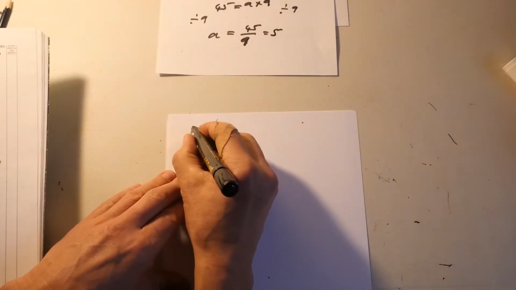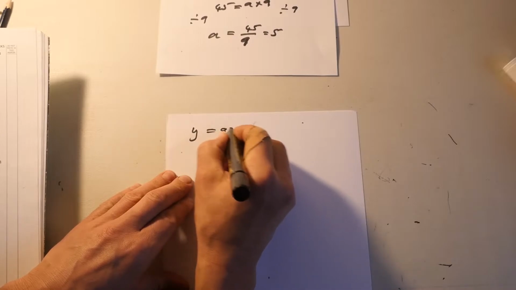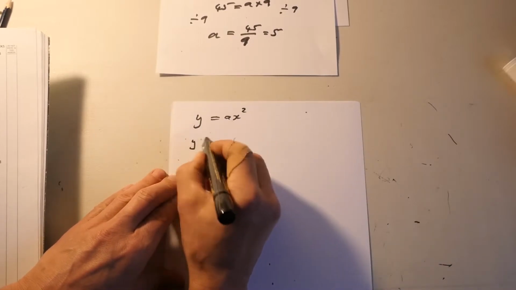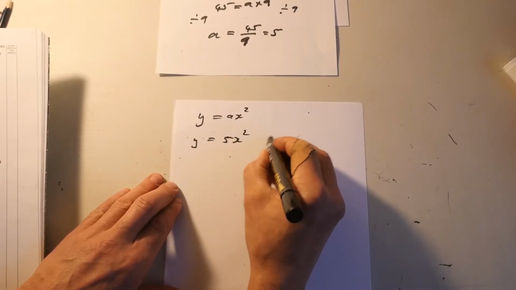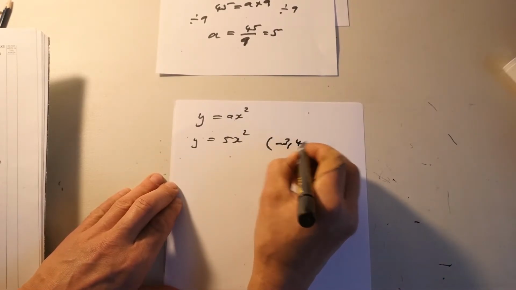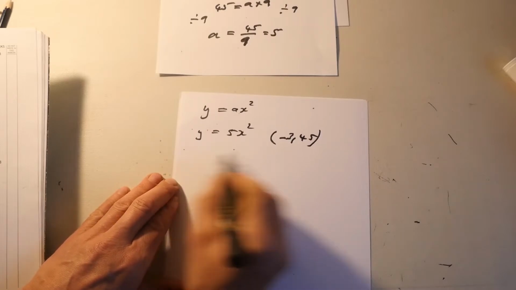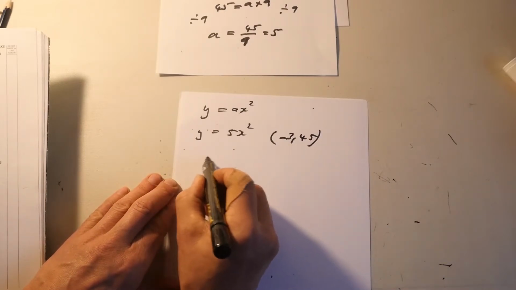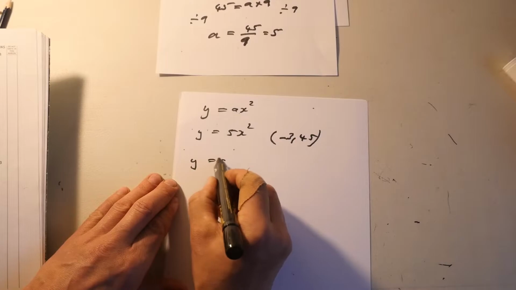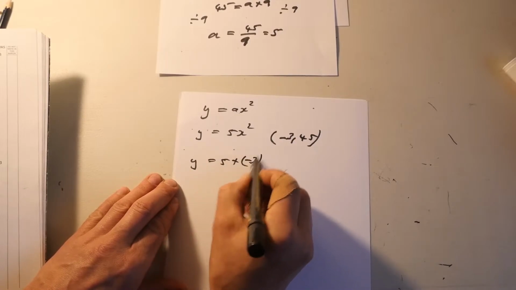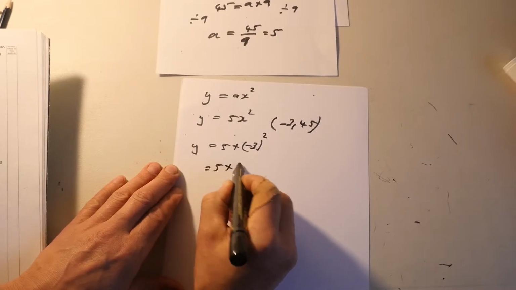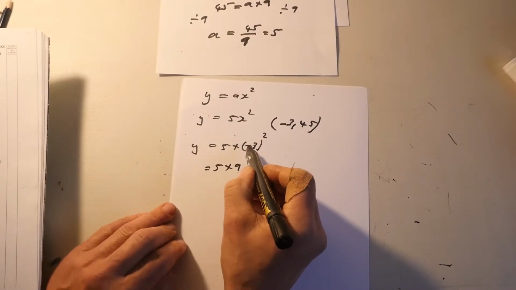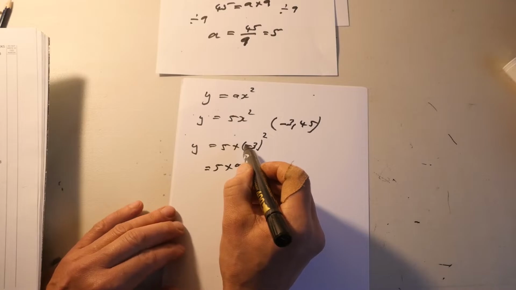So if you wrote that as y equals ax squared, y equals 5x squared, and then you take the coordinate minus 3, 45, y equals 5 times minus 3 squared. 3 squared is 9, minus 3 times minus 3 is plus.